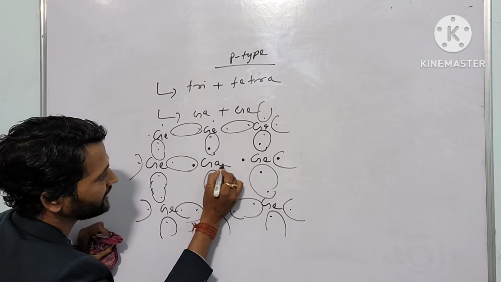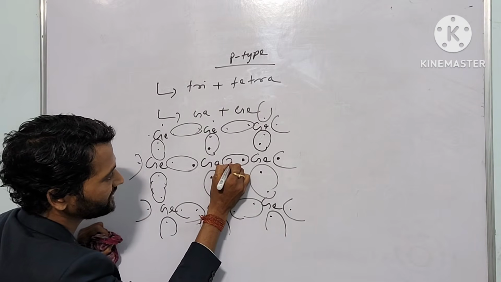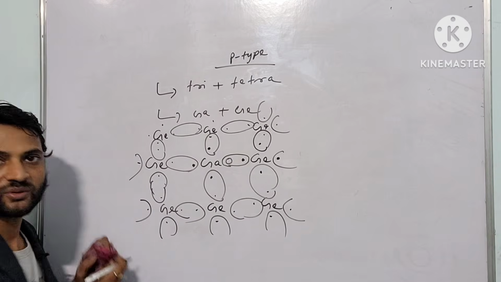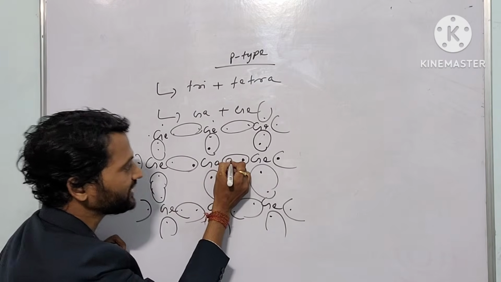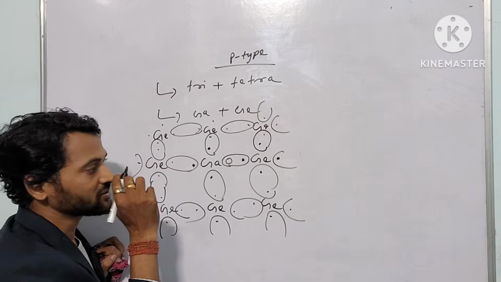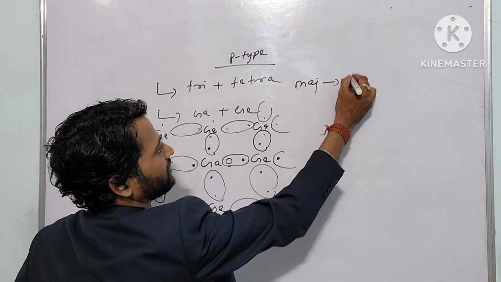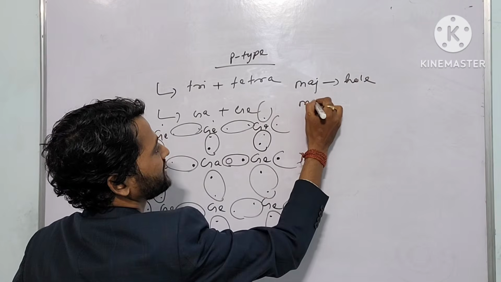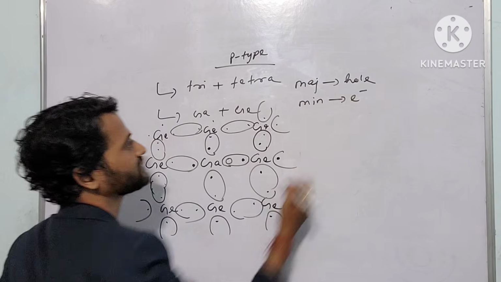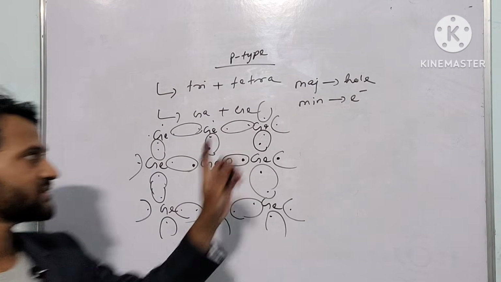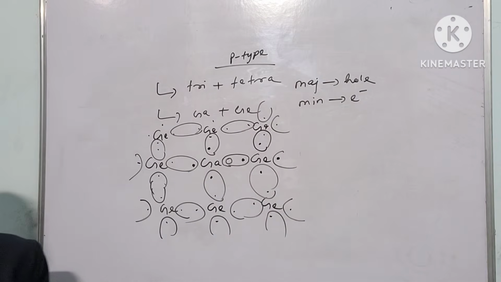Then here what will happen, one vacant space will be there which can be filled by the electron, right? This vacant space is called hole. So that means the majority charge carrier is here hole and minority charge carrier is electrons. So here the major responsible of conduction due to the majority charge carrier as hole.